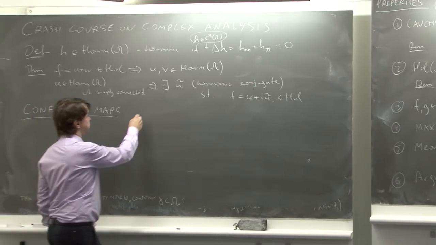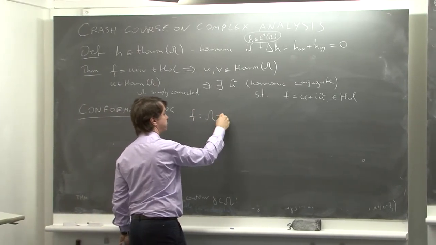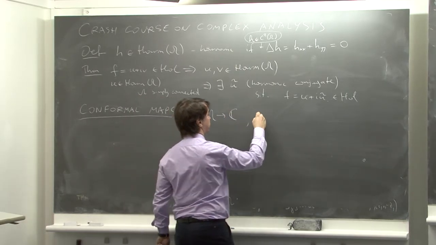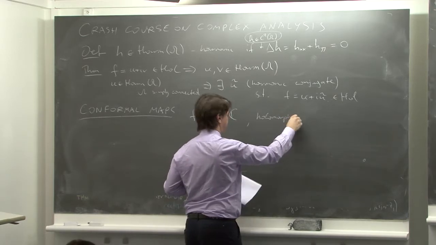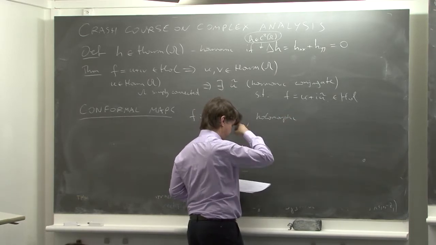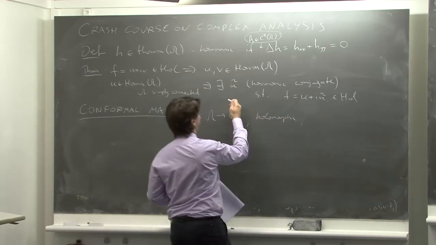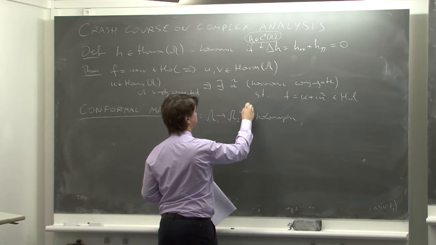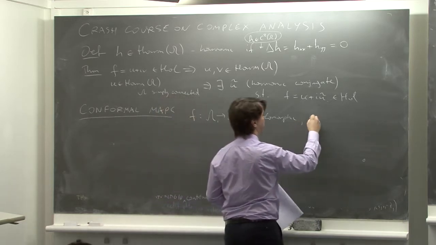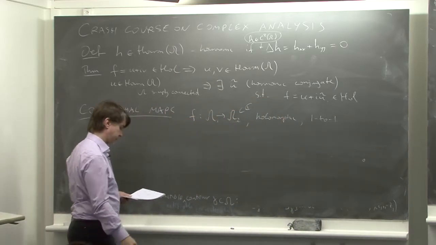So conformal maps: it's a function f from, let's say, omega to C, which is holomorphic and injective. So it's one to one. So it's, let's say, omega 1 to omega 2 in C, holomorphic, one to one.